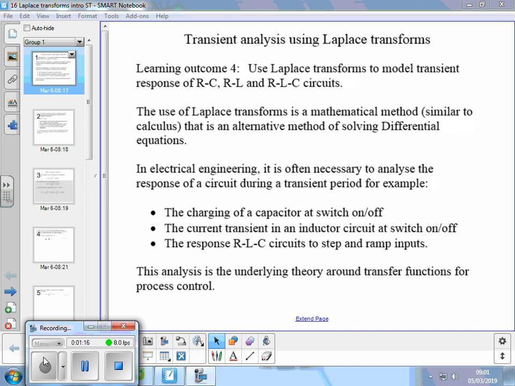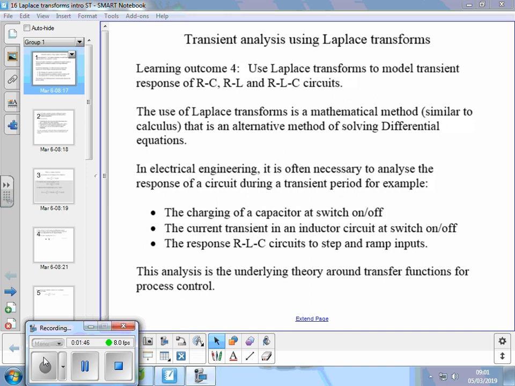Current transient in an inductor circuit at switch on, switch off, and the response of RLC circuits to step and ramp inputs. And if you were to get involved in control engineering, there are further examples in terms of how proportional, integral and derivative controllers work, which is similar to the response you get to a step input for an RLC circuit.